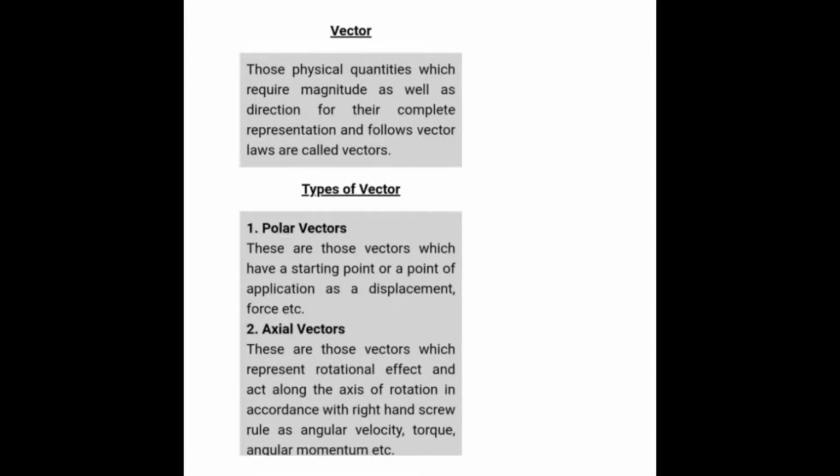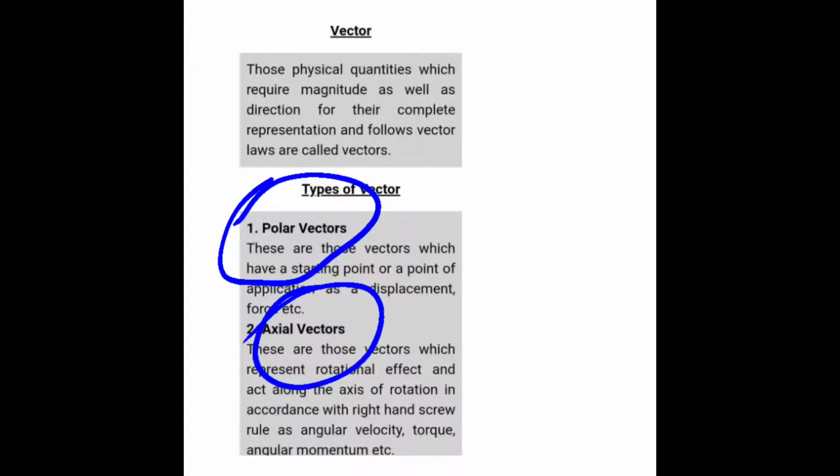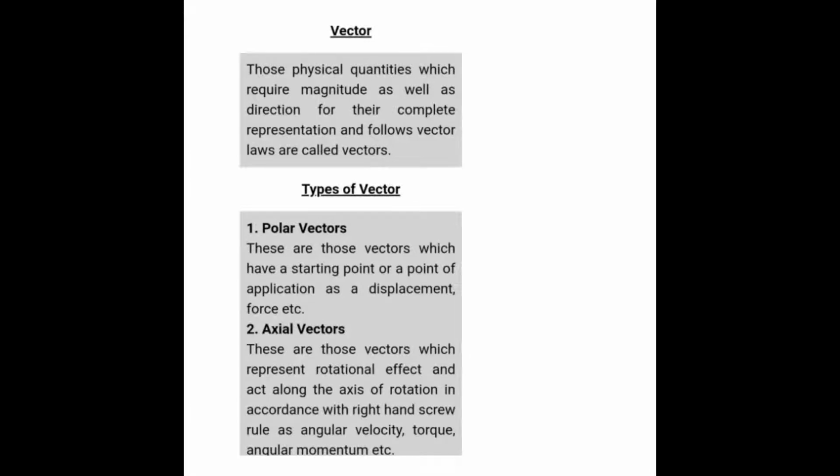Now, vectors can be of two types: polar vector and axial vector. Any vector which has a starting point or a point of application, we say is a polar vector.